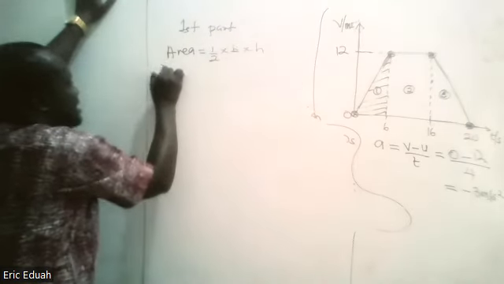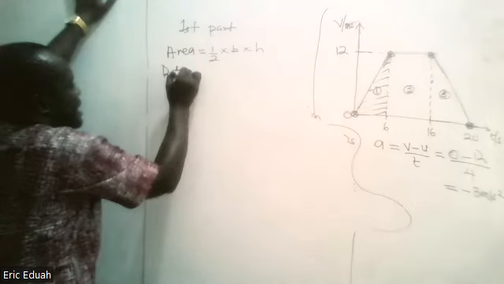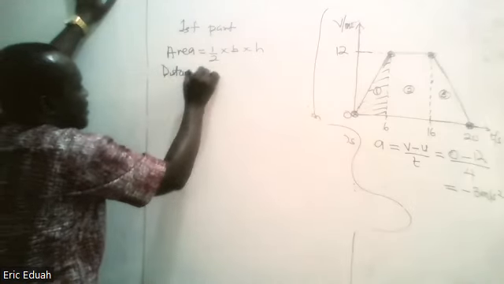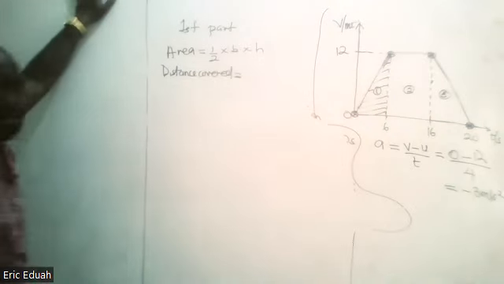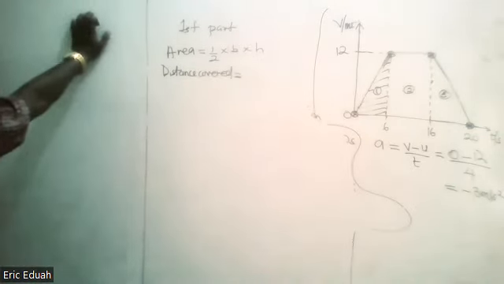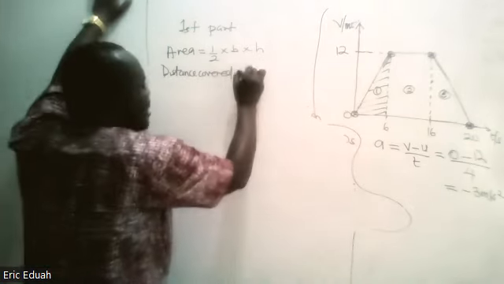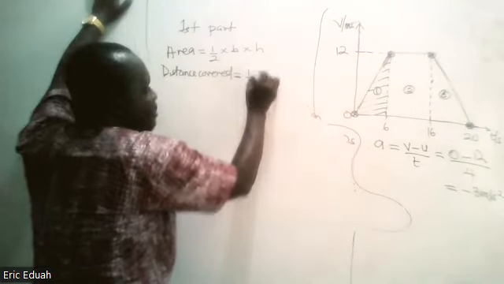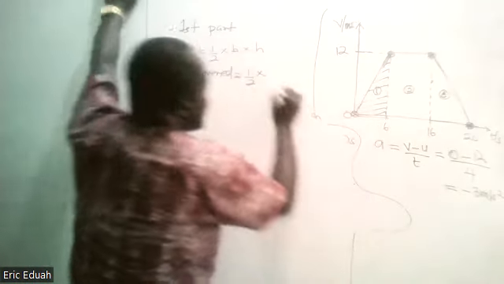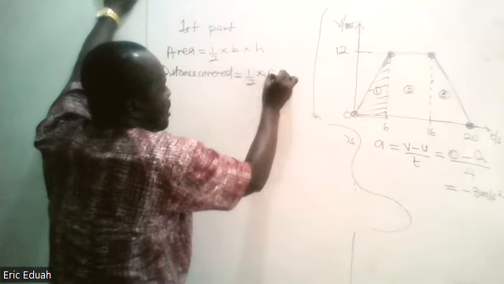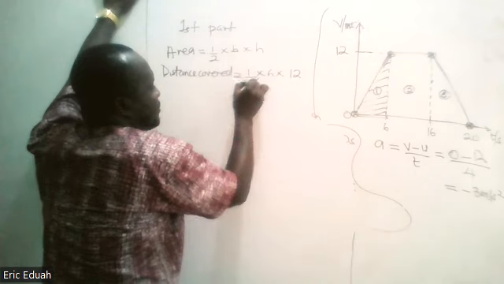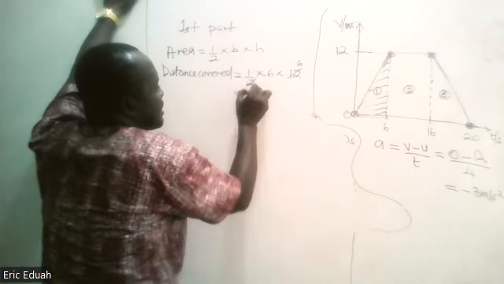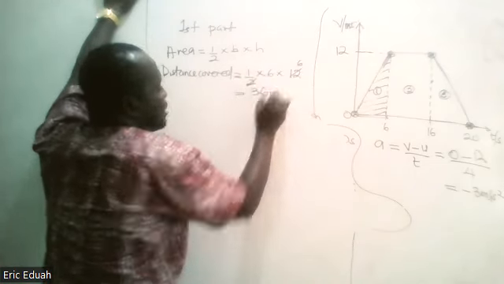So the distance covered can be determined using the formula for the area of a triangle. Half times the base. The base is 6 and the height is 12. So we have 36 meters.